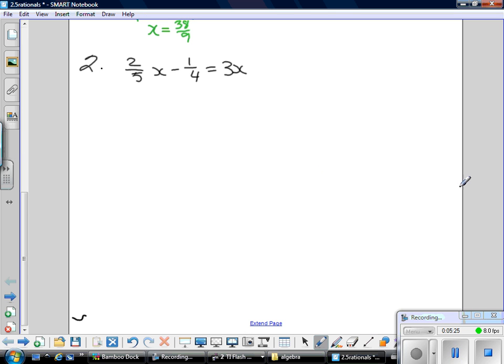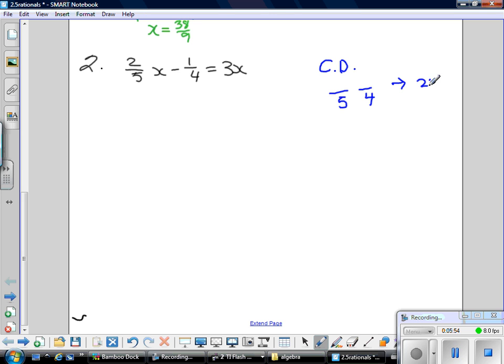Okay, the next one. To the side, I'm going to again do my thinking. I'm just writing down my thinking for you because obviously you can't get into my head. Thank goodness you can't. So if I had to find a common denominator between a 5 and a 4, between fifths and fourths, what would that common denominator be?